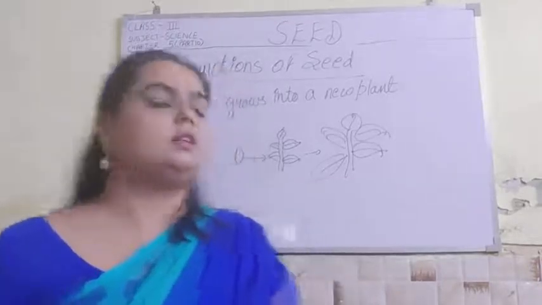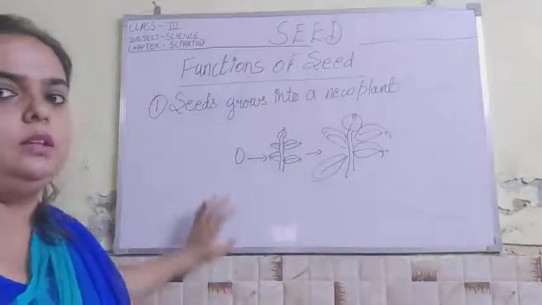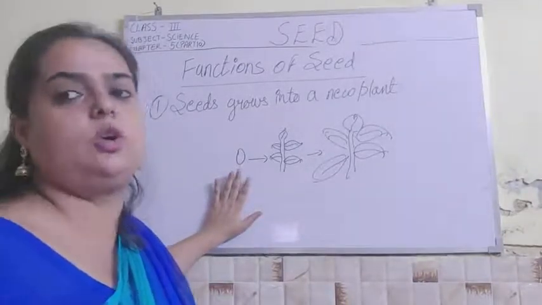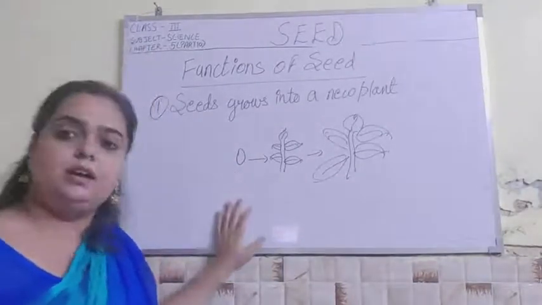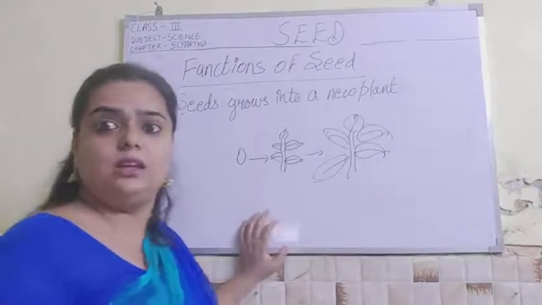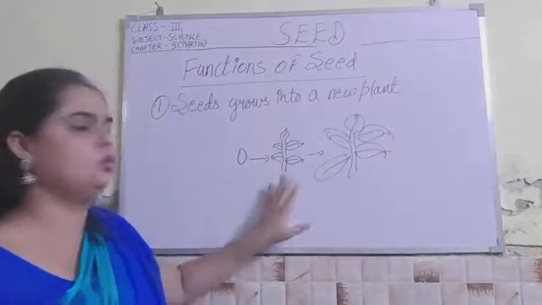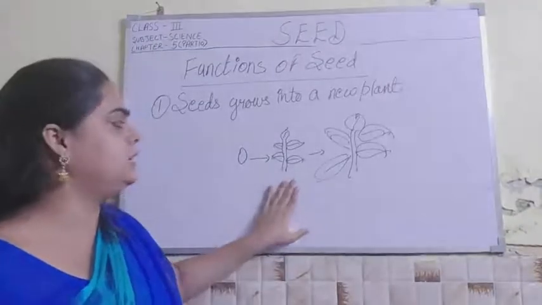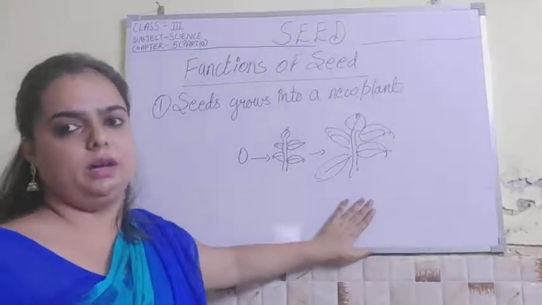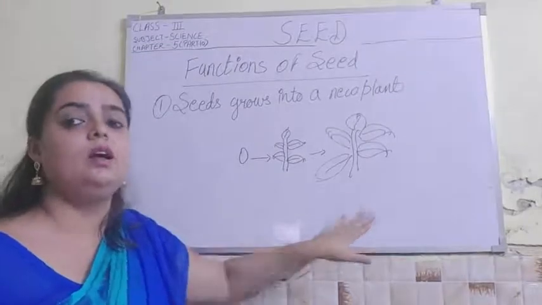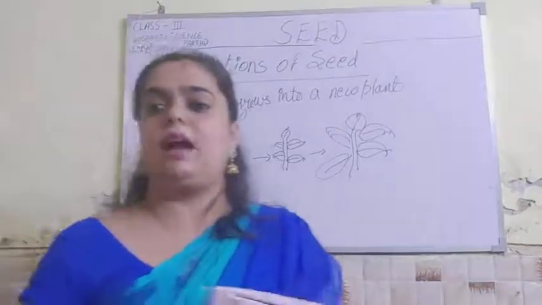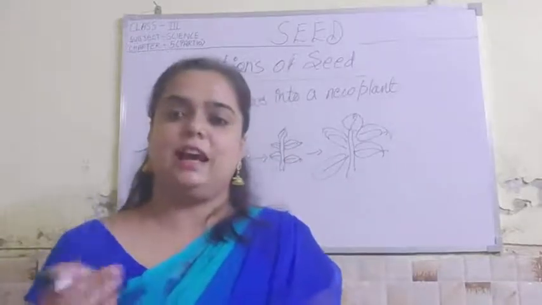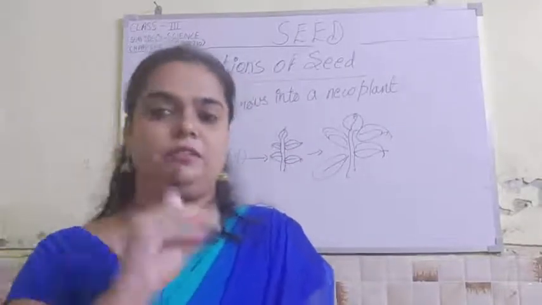This is the first function, that a seed develops with the proper conditions of water, air, soil, and sunlight. It grows into a small seedling, and that small seedling grows into a big plant. I remember we also did an activity in our summer vacations, where you have to take different seeds.